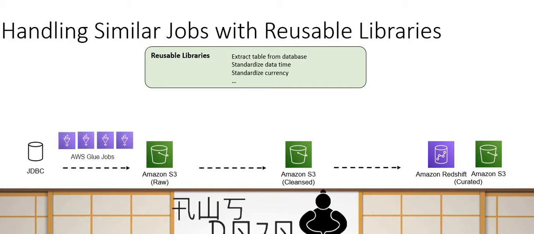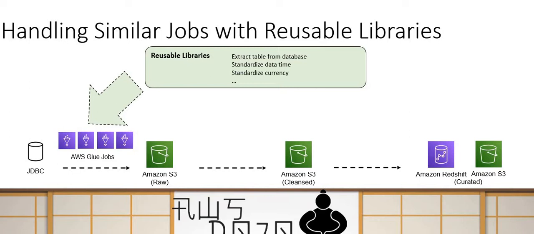And then when you're writing multiple jobs, for instance, to extract data from your JDBC endpoint and write to an S3 bucket, you simply refer to that reusable library. So you're not writing the code for the extraction in the glue job, but you're simply using the code written in your reusable library in your glue job. And that way, your code is in a single place in a reusable manner.